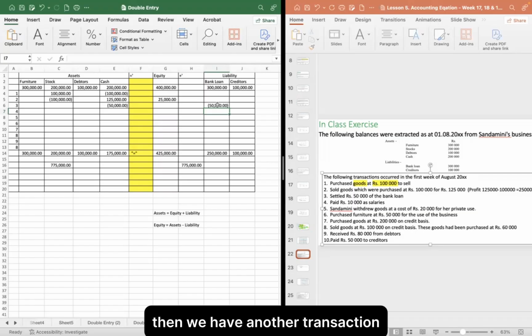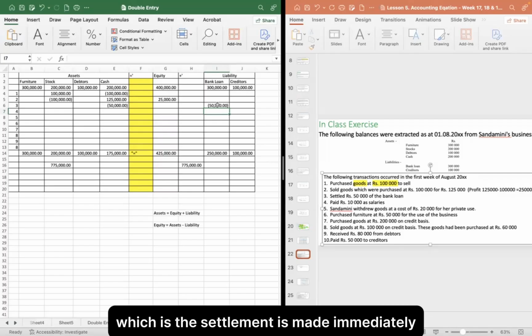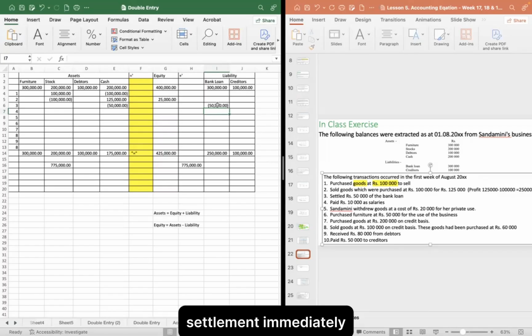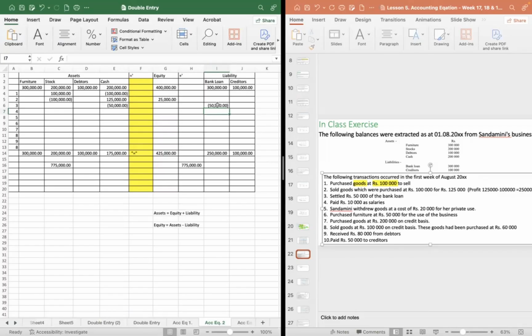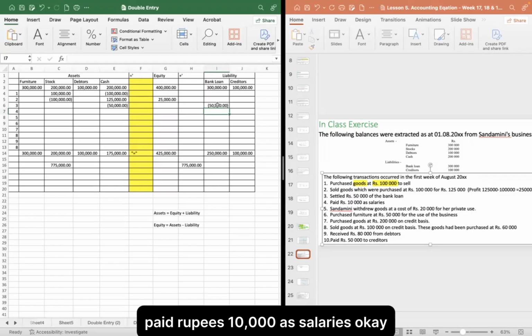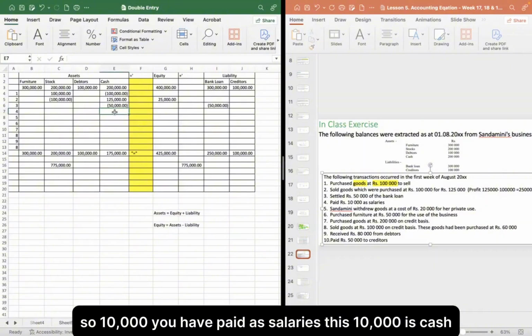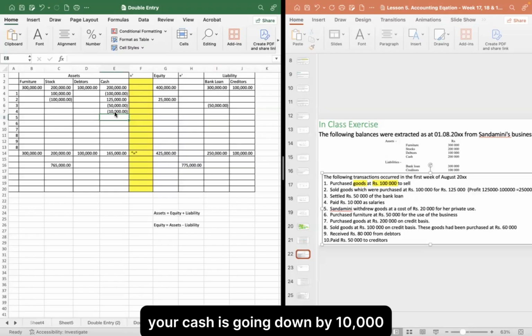Then we have another transaction, paid rupees 10,000 as salaries. So this is also a cash transaction, which is the settlement is made immediately. Settlement එක immediately කරලා තියෙනවා. එතකොට මොකක්ද වෙලා තියෙන්නේ? Paid rupees 10,000 as salaries. This 10,000 is cash. Your cash is going down by 10,000.